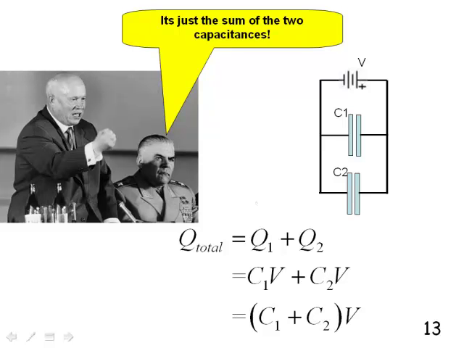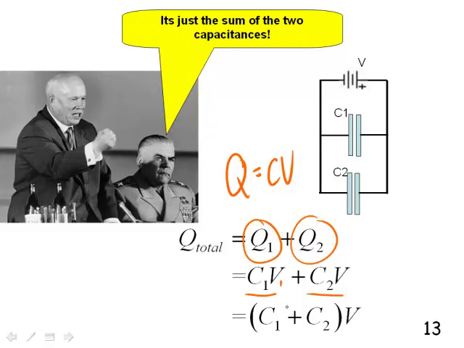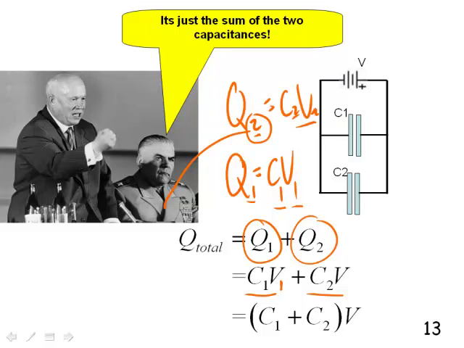Well, I'm just applying the equation for capacitance, Q equals CV, for Q1 and Q2. Whenever you do this, it's Q1 equals C1 V1, and Q2 is equal to C2 V2. You always have to apply this law to each capacitor, and I'm going to advocate for students to always use these subscripts so you always know what capacitor and voltage and charge you're talking about.